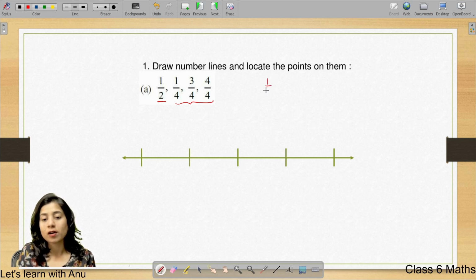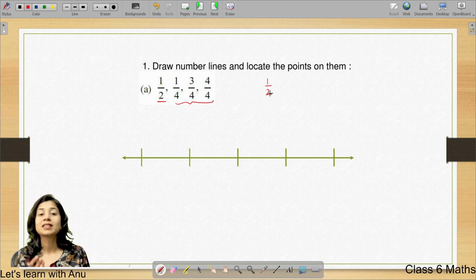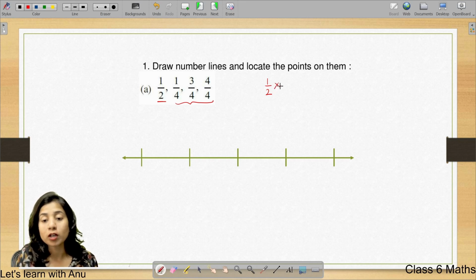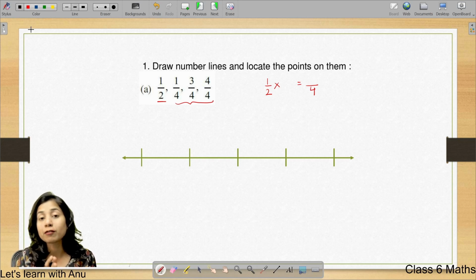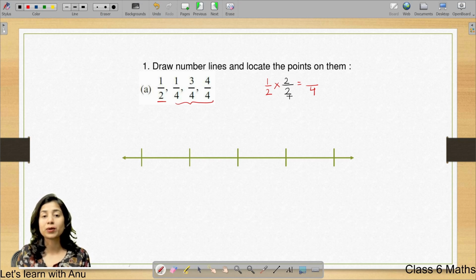So 1/2, if I want that the denominator should be 4, so we have to multiply the numerator and denominator with the same number. So class, I think it's pretty obvious that if I multiply 2 with 2, I'm going to get 4 as the answer. So I will multiply the numerator as well as denominator with 2.